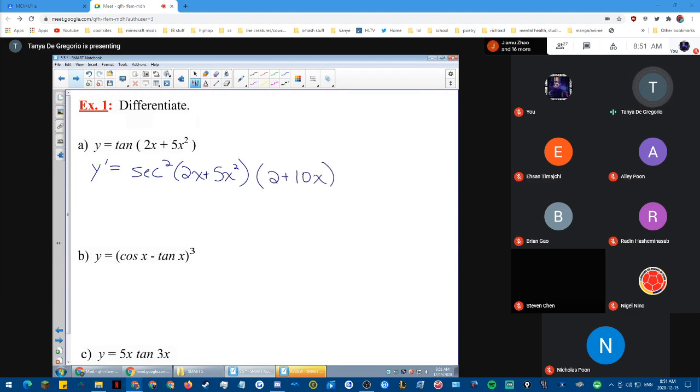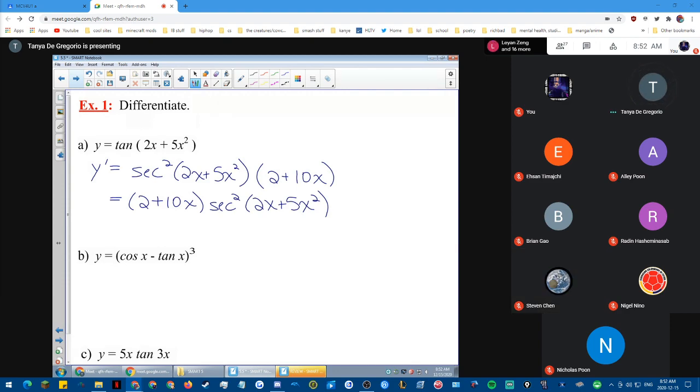Now, from what we learned yesterday, can I leave it like this? No, we have to bring it to the front. You got it. Thank you. And that's the way you should go. The higher degree? No, these are not polynomials.